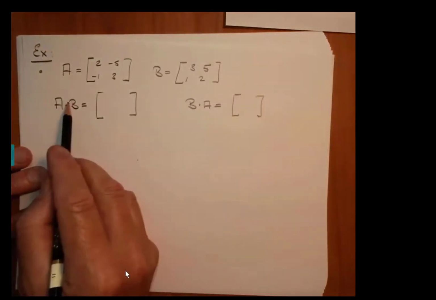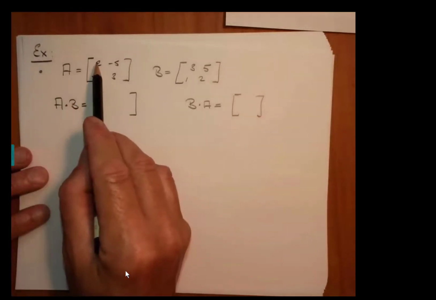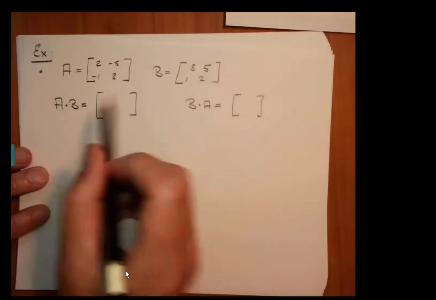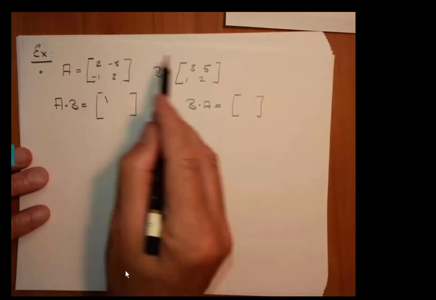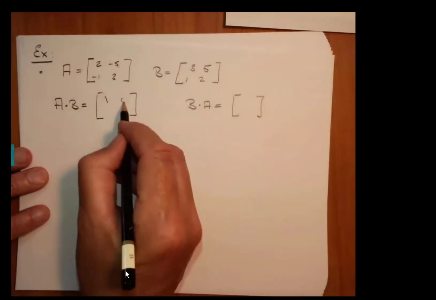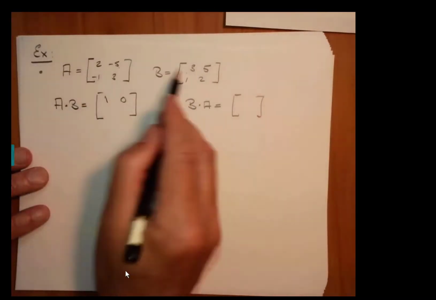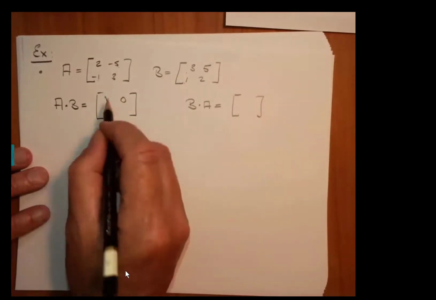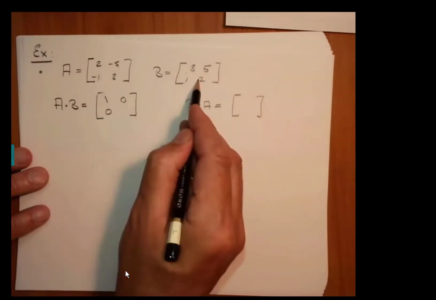A times B, for example, is 2 times 3 minus 5 is 1, 2 times 5 minus 10 is 0, minus 3 plus 3 is 0, minus 5 plus 6 is 1.